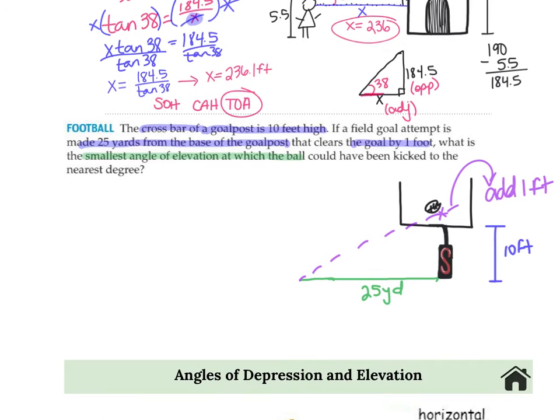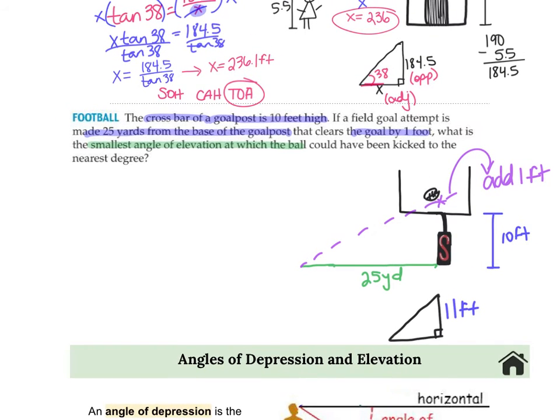Okay, so if we create this triangle as just a triangle, no pictures, no other fanciness, we have our 10-foot crossbar height plus the 1 foot clearance of our football, so 11 feet total high, and then our 25-yard attempt distance.